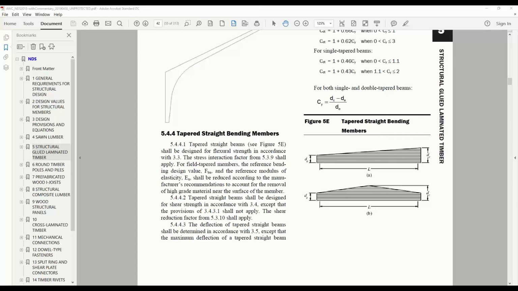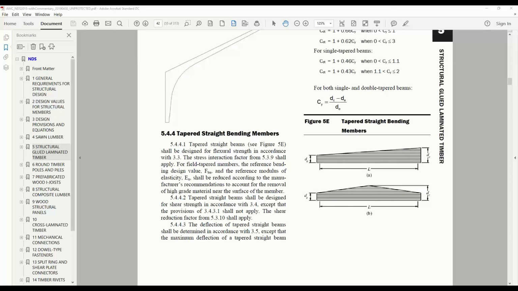All right. Some folks asking about connections and shrinkage. That is something you do want to be aware of, and I touched on that briefly in NDS chapter 12 on one of my slides, where we talk about there being a limit on the dimension between the outermost rows of fasteners in a single connection.